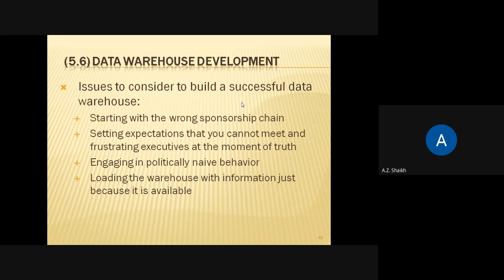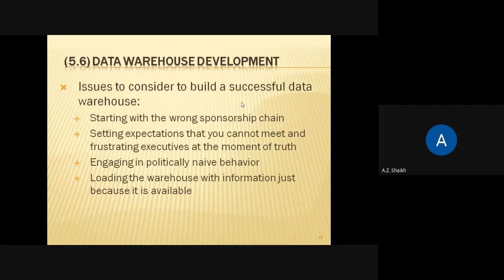Now, issues to consider to build a successful data warehouse. Okay, so which issues do you need to consider to make a successful data warehouse? That is starting with the wrong sponsorship chain, then setting expectations that you cannot meet and frustrating executives at the moment of truth, then engaging in political behavior, loading the warehouse with information just because it is available.